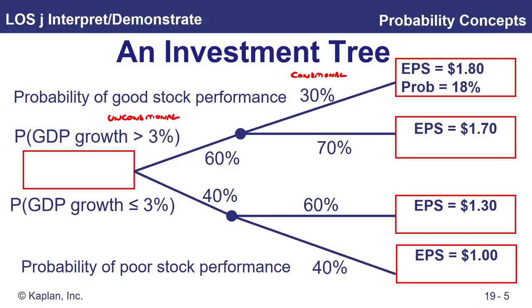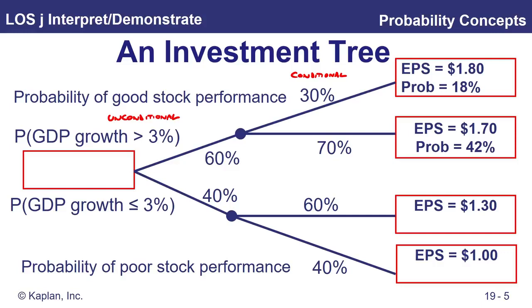And we're going to say there is a 70% chance of receiving an earnings per share of $1.70 given that GDP growth is above 3%. So the chance of EPS of 170 and GDP growth above 3%, 60 times 70, and that's going to give us 42%.